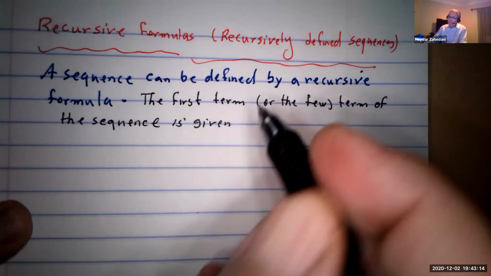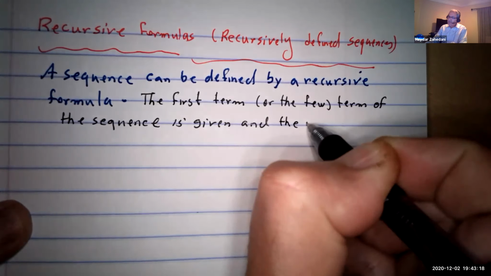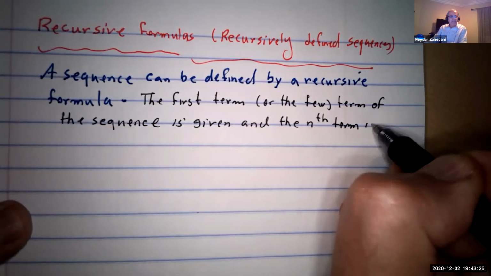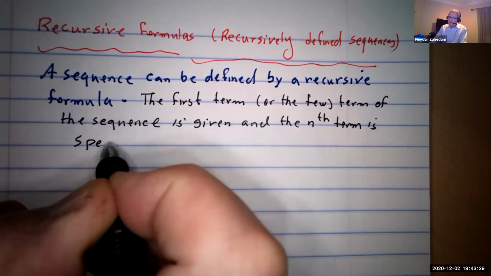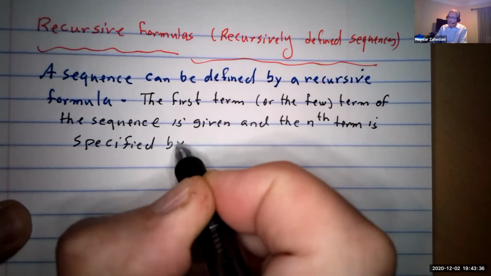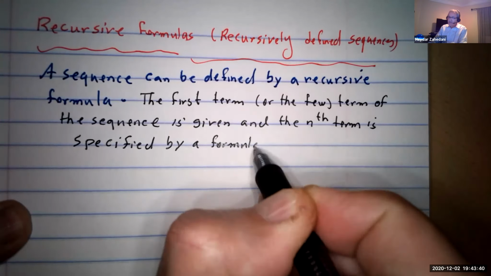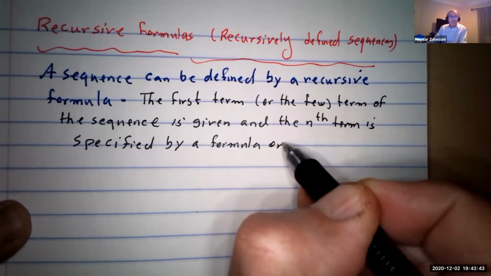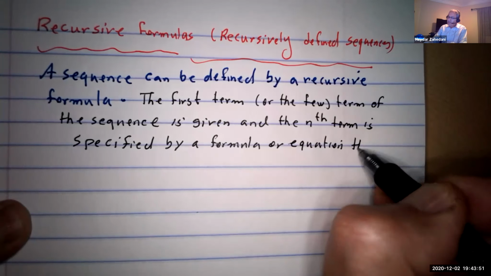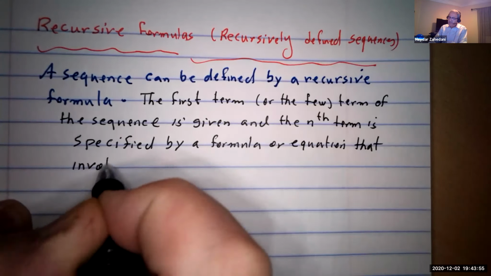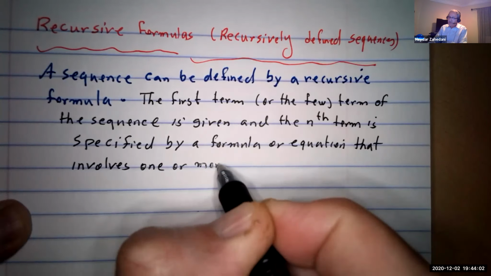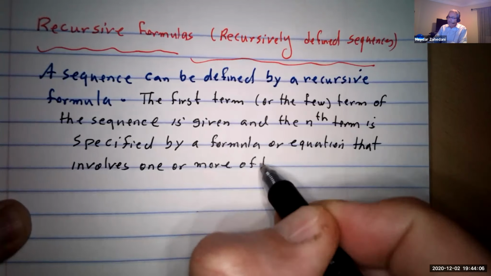Then the nth term of the sequence is specified by a formula or equation involving one or more of the previous terms.